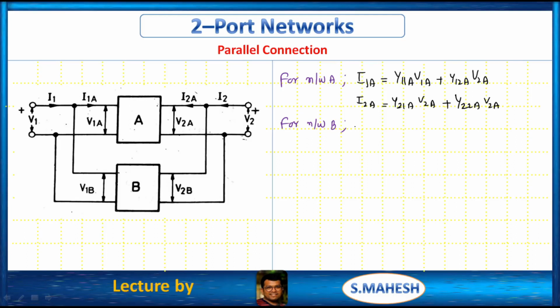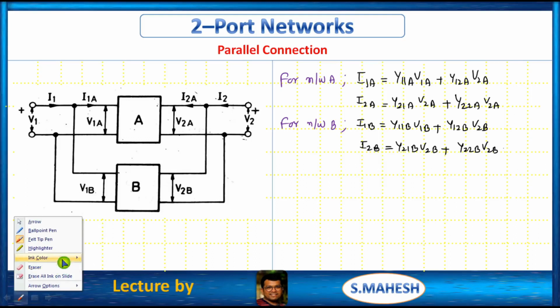For network B, we have I1B equal to Y11B V1B plus Y12B V2B, and I2B equal to Y21B V1B plus Y22B V2B, that's it.